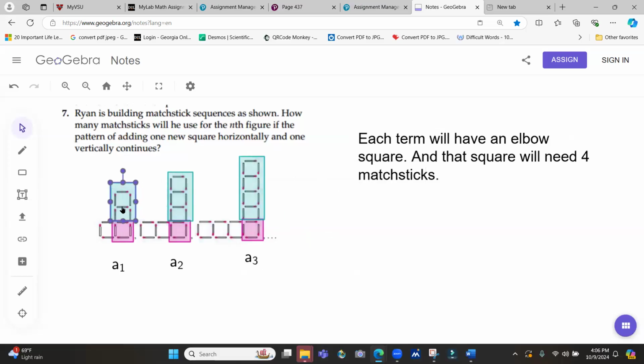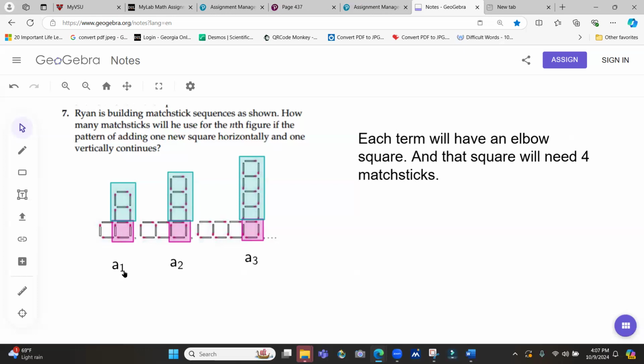Now take a look. The squares in the vertical legs will require three, and the squares in the horizontal leg, for the first one, there is only one. For the second one, there are only two. For the third one, there are three. So if this is two, your horizontal leg will have two. If this is three, your horizontal leg will have three. If this is one, your horizontal leg will have one.